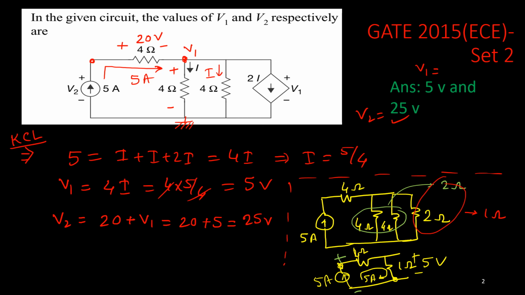A 5 ampere current is flowing through the 5 ohm resistance, so 5 into 5 is simply 25 volt. That is your V2.